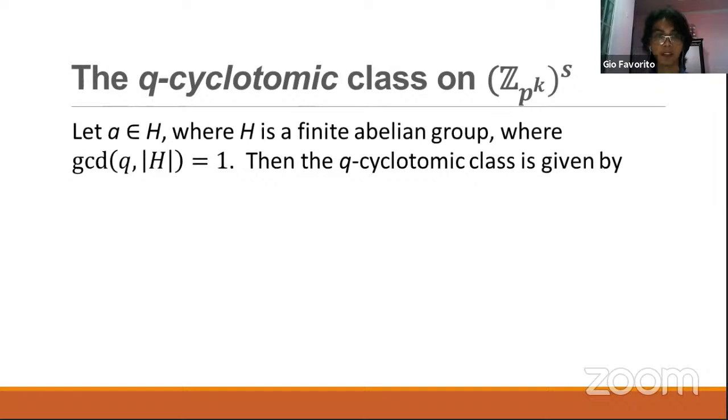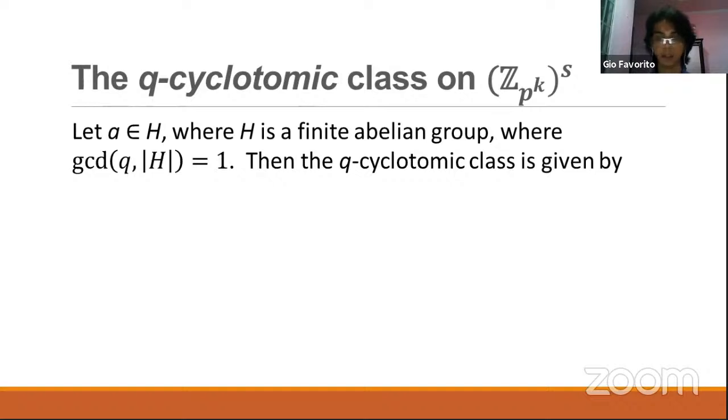So yung Q cyclotomic class on Z of P raised to K and naka-multiply siya sa S. Let A be in H, where H is a finite abelian group, where GCD of Q and order H is equal to 1.